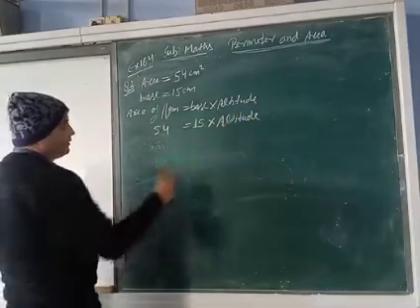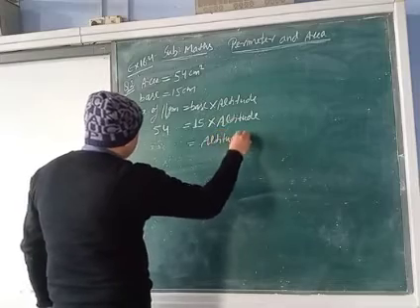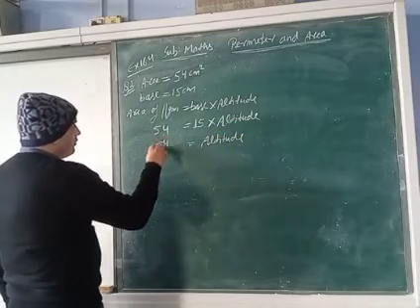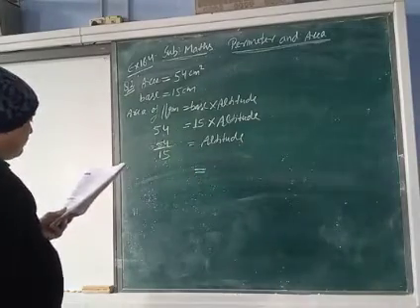Okay. Now altitude is equal to 54 divided by 15.